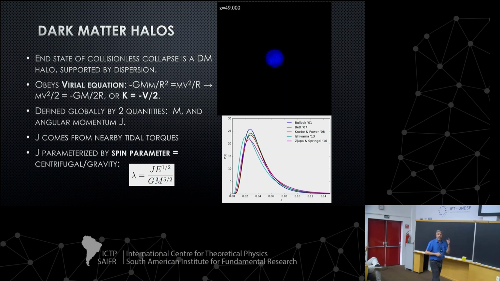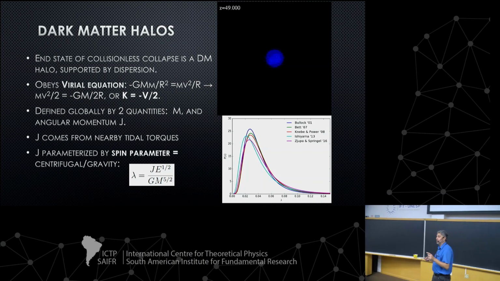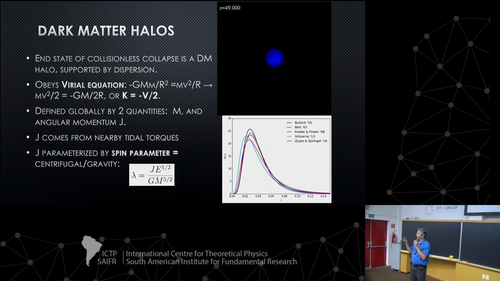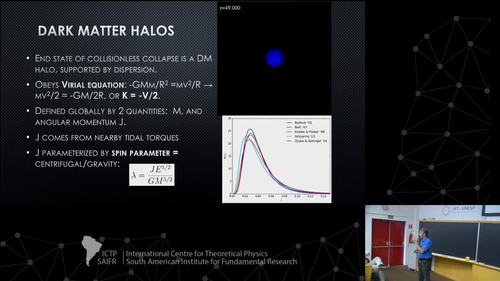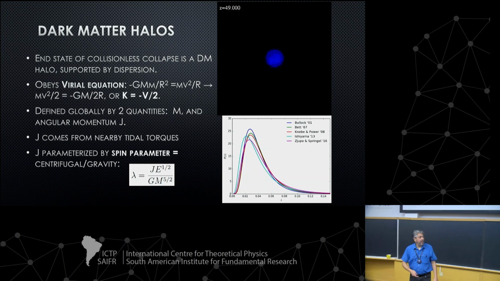Globally, this can be described by two quantities: the mass and the angular momentum, because of course all that spinning up due to the inhomogeneous surroundings has given the halo a slight bit of twist, right? And so not only is it dispersion supported, but there's a tiny bit of rotation support, but it's not much. And you can calculate this from simulations or even analytic theory, tidal torque theory.